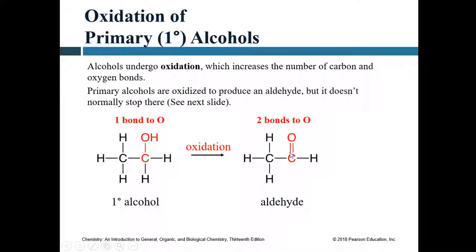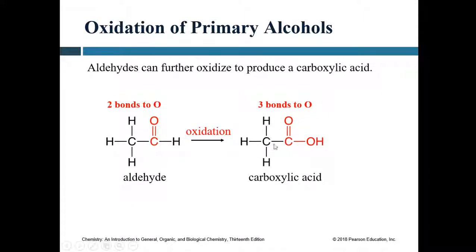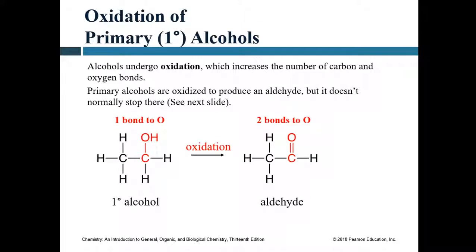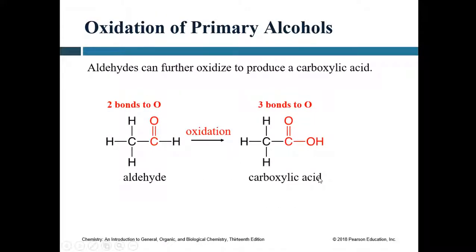The only problem is, unless you do something special to stop it, aldehydes are further oxidized to carboxylic acids. So for this level of chemistry, we'll just say that when primary alcohols are oxidized, yes, they go to an aldehyde, but they end up with a carboxylic acid.